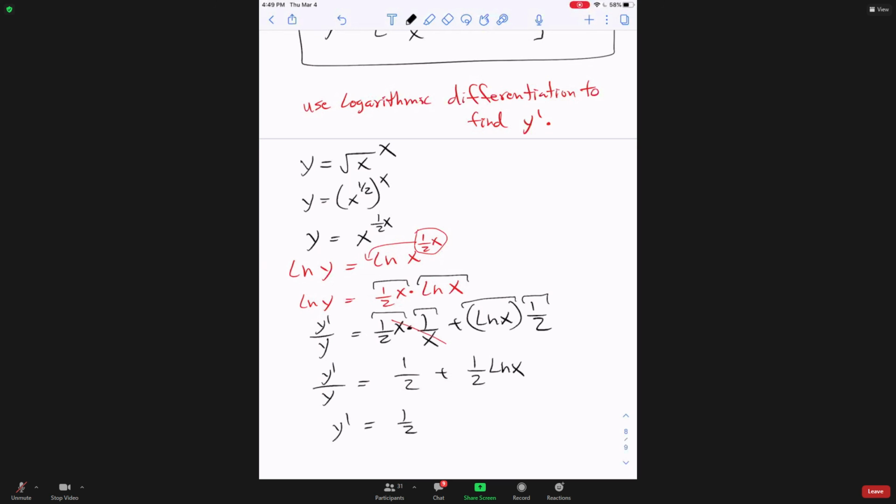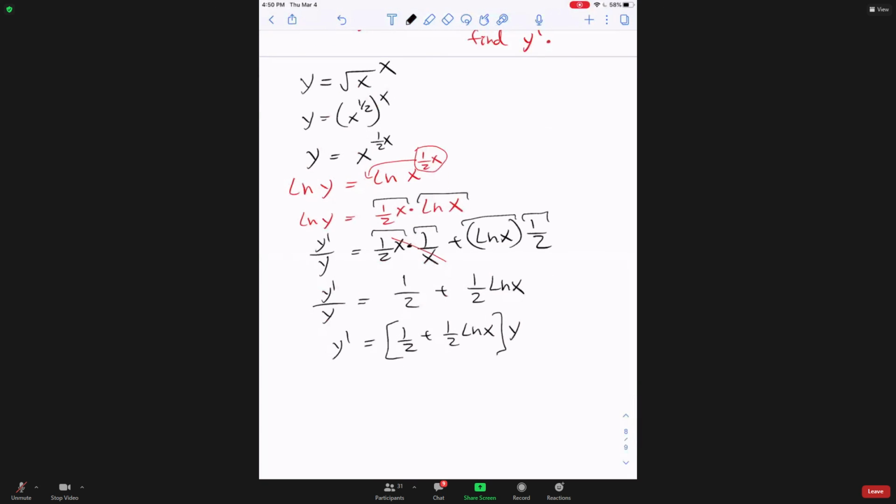So you got 1/2 plus 1/2 ln of x times y. What is y? Square root of x to the x. That's the original problem. Now, can you factor out a 1/2 from the brackets? You can, but it doesn't really make a difference.